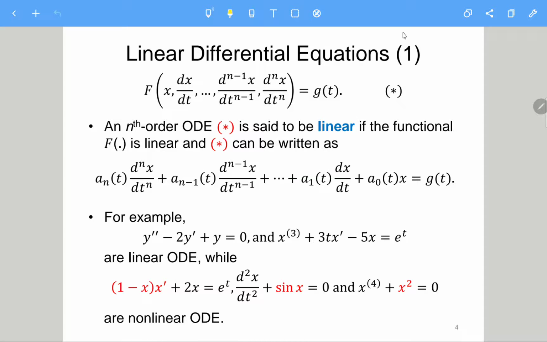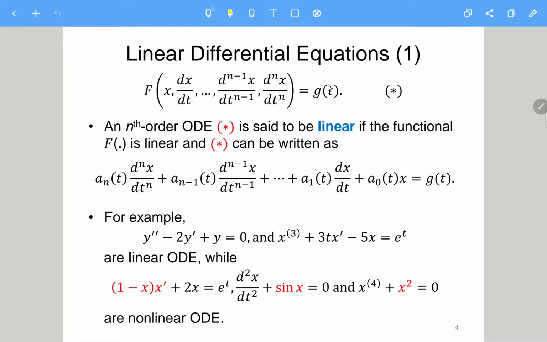So for a linear differential equation, here we assume the dependent variable is x and the independent variable is t in this case. On the right hand side, it is only a function of t.